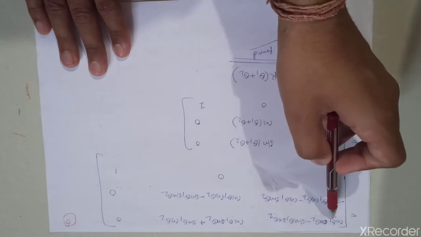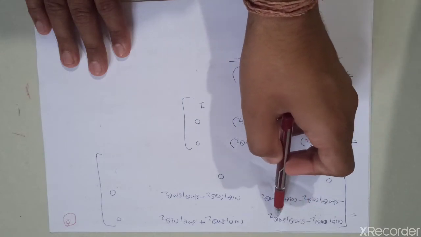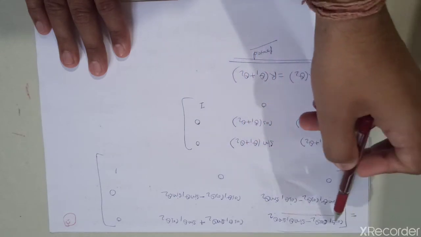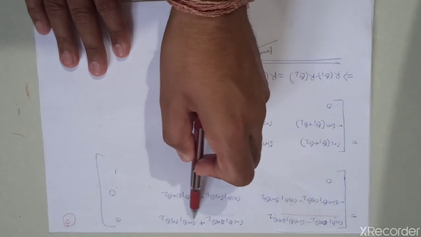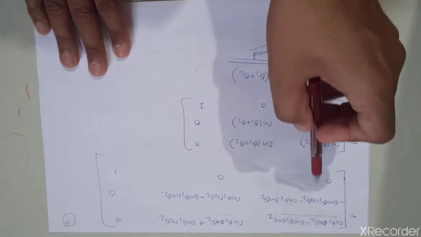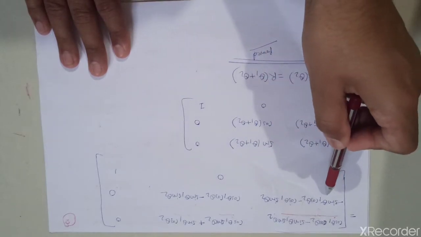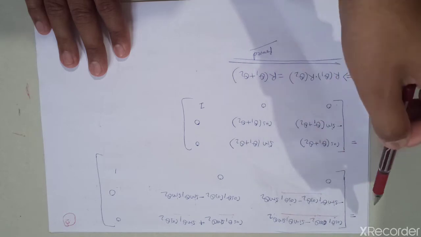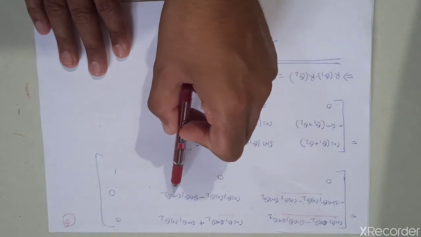So this is the formula for cos, and this is the formula for sin.